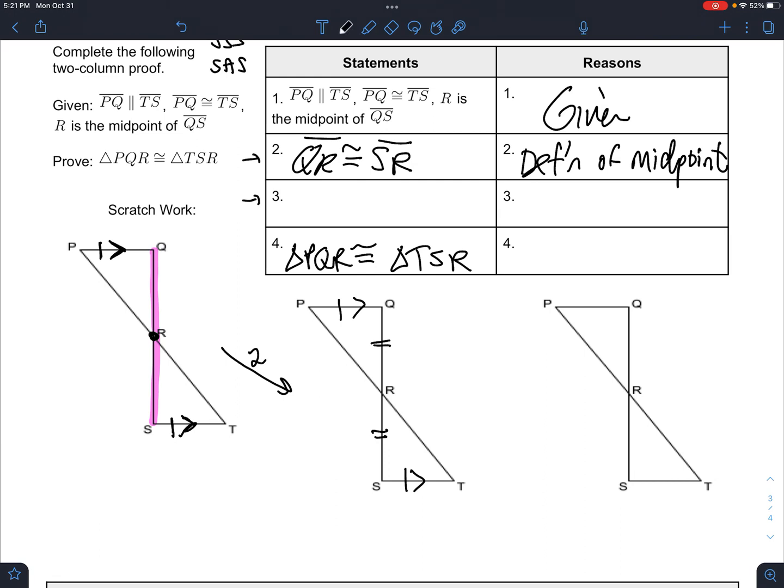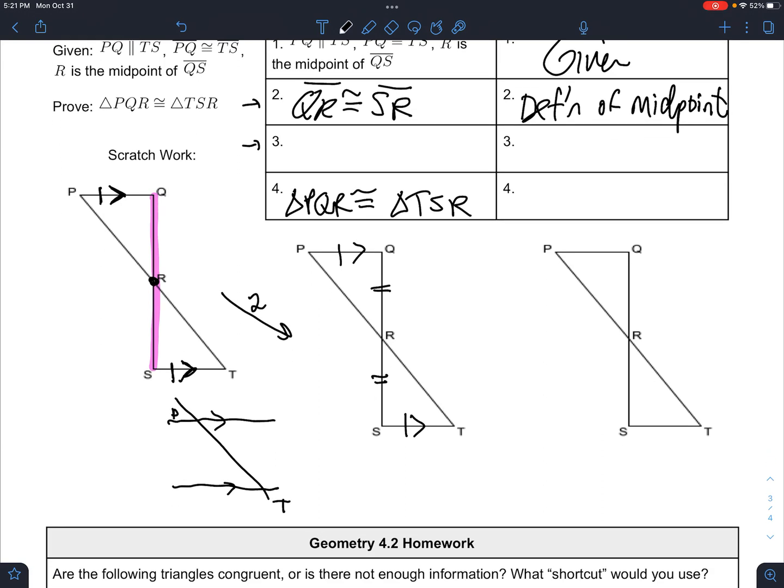This can be a little bit tricky. We have two transversals. We have one that's P and T. So these angles should be the same. But notice how that gives us ASS, which is not a congruence theorem.